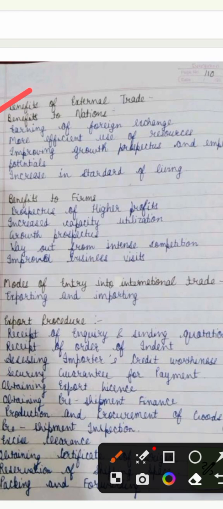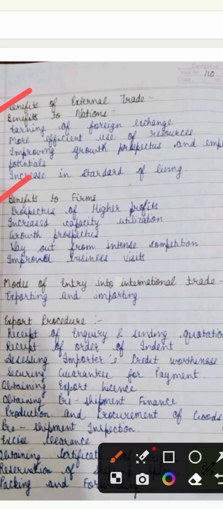Benefits to firms. Prospects of higher profit. International business, we know, is more profitable than domestic business because prices in the domestic market are lower than in the international market. Increased capacity utilization.